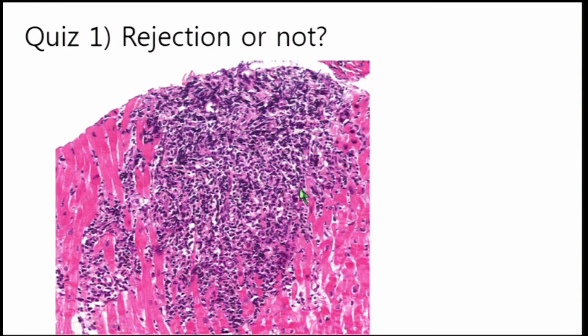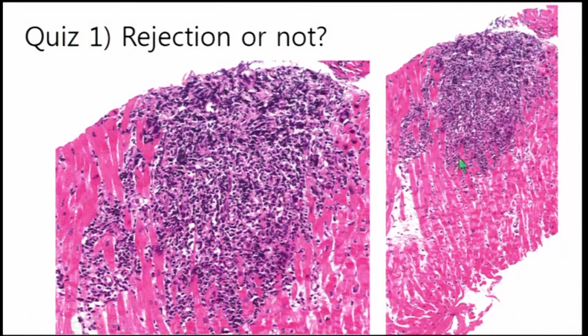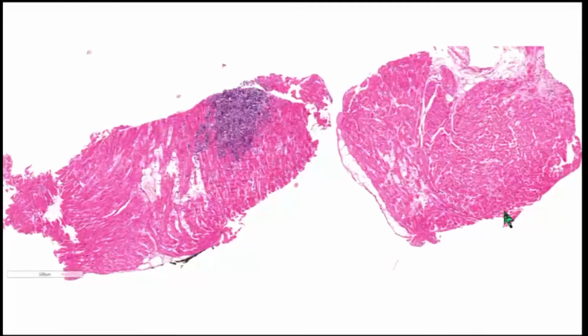Yes, is it an acute rejection or not? Most pathologists, even me, can say this is a rejection because there is marked cellular infiltration of lymphocytes and some abnormal necrotic-like myocardium here. But if you see the low power view, it is sharply demarcated. The rest of the myocardium is normal. If you look at the wider field, we can interpret that this is not rejection.